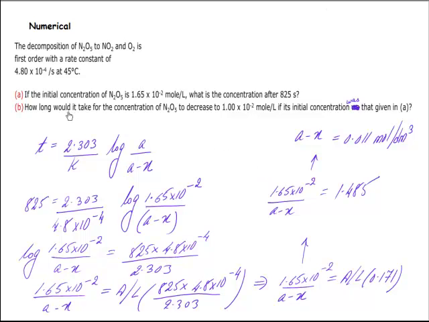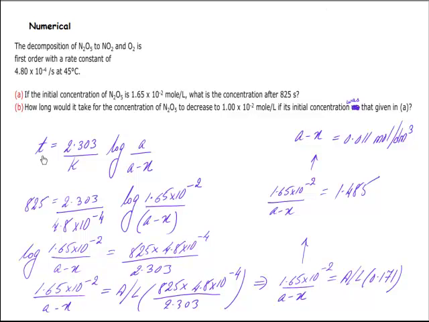Now the next part of the numerical, they are asking us how long would it take for the concentration of N2O5 to decrease to 1 into 10 raised to minus 2 moles per liter if its initial concentration is same as earlier, that is 1.65 into 10 to the power minus 2. So we can again use the same formula. Now this time what they are asking us is the value of time.